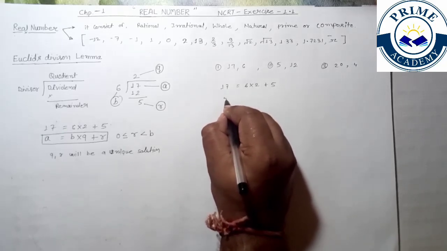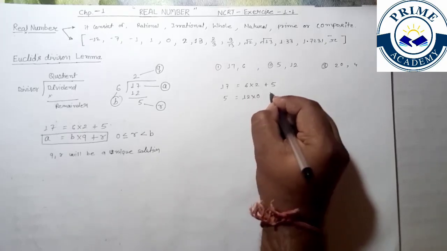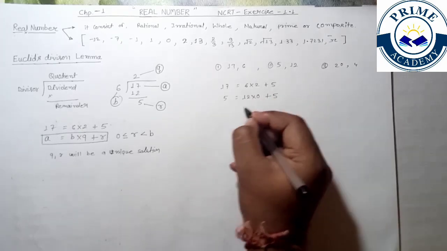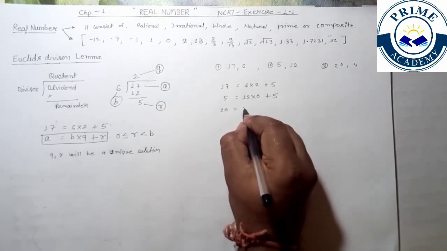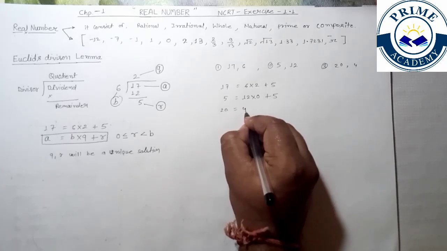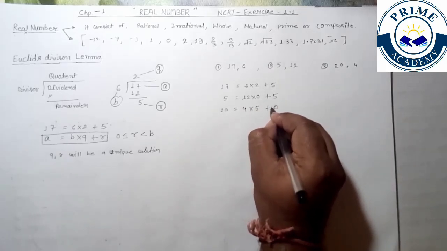For 5, to get 5, you have to multiply 12 by 0, and you again get 5. For 20, I can write 4 into 5, and this leaves remainder 0.